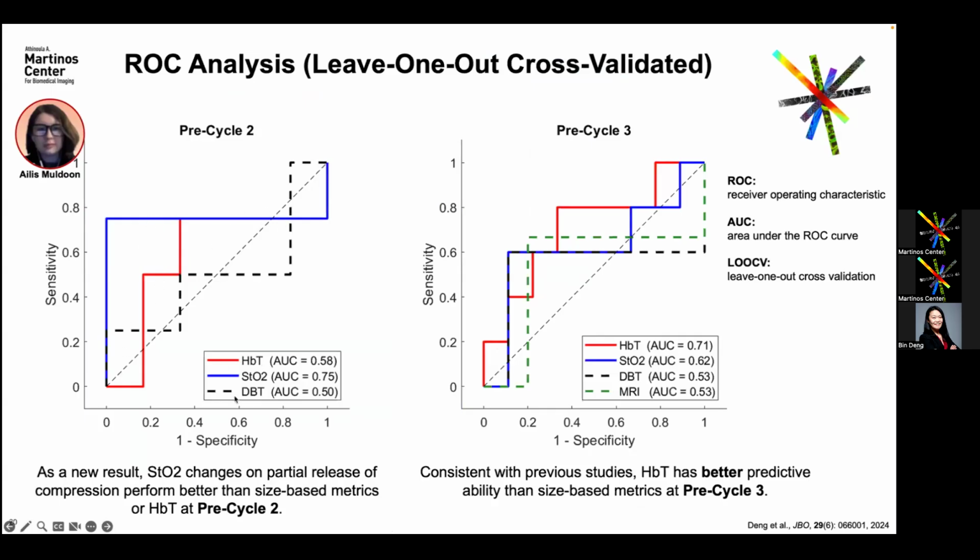We use a quite conservative data analysis, leave-one-out cross-validation, to put our AUC values in comparison with literature reported values. That translates to 0.85 area under the curve for HBT, and at pre-cycle 2 the area under the curve is even higher for tissue oxygenation.